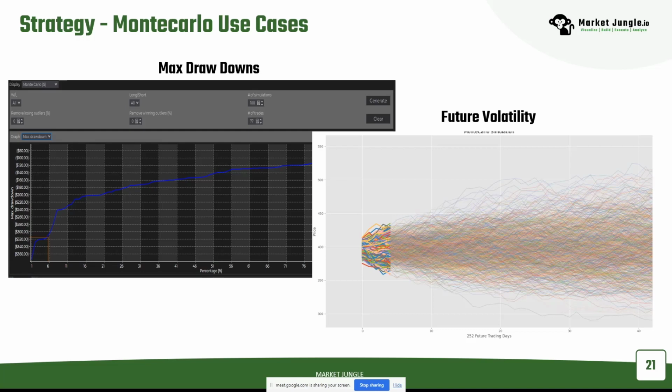It would take that back test result, and it would randomize the order in which those trades were taken over and over and over, however many times you specify, to map out this curve. There's a lot to talk about with Monte Carlo, and I'm thinking it might be worth creating a mini webinar on that alone, because there's a lot you can learn from your strategies there.